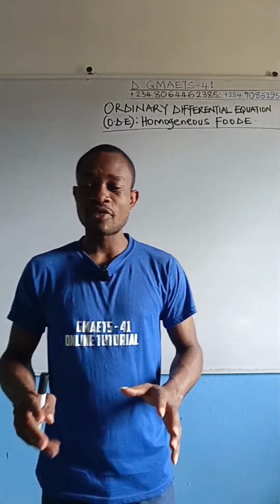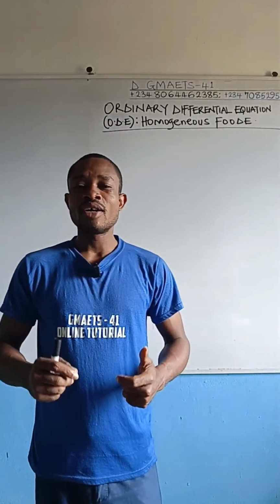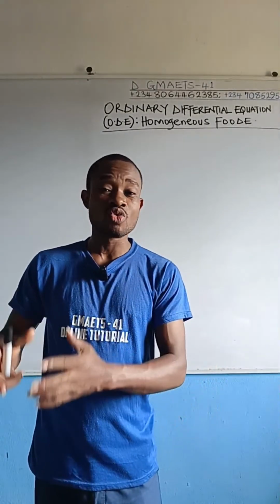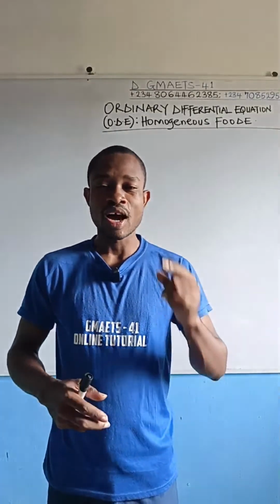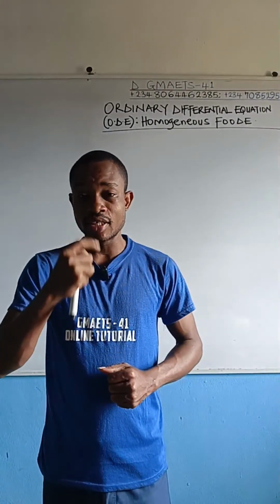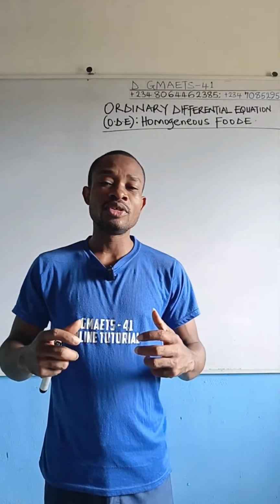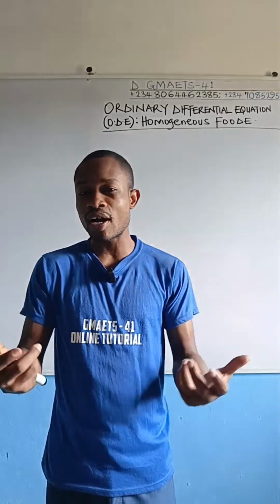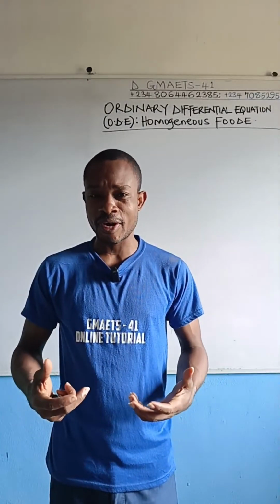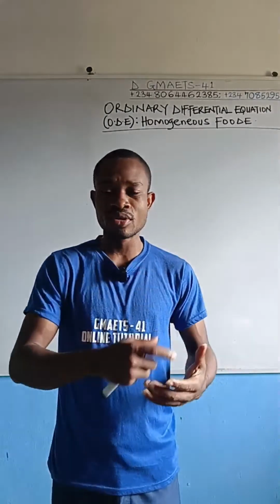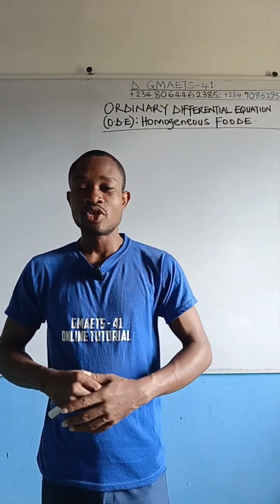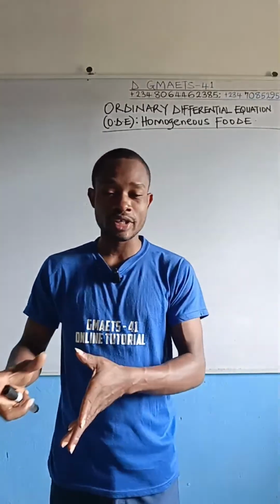So the focus of this class first would be how to identify a first order differential equation that is homogeneous. That's one of the focuses of this class. And then secondly, the formula or the approach, I can call it the transformation, that you use to reduce a homogeneous FODE to a separable variable FODE.